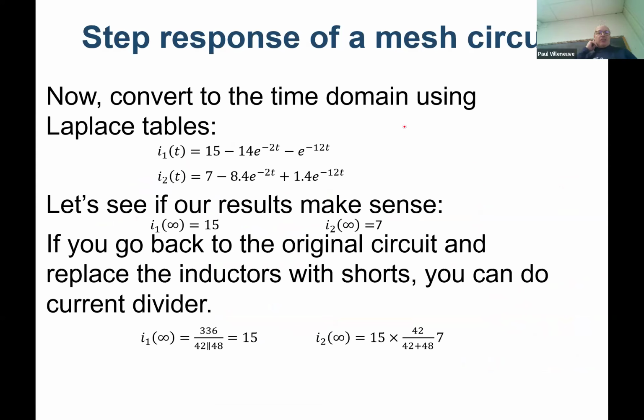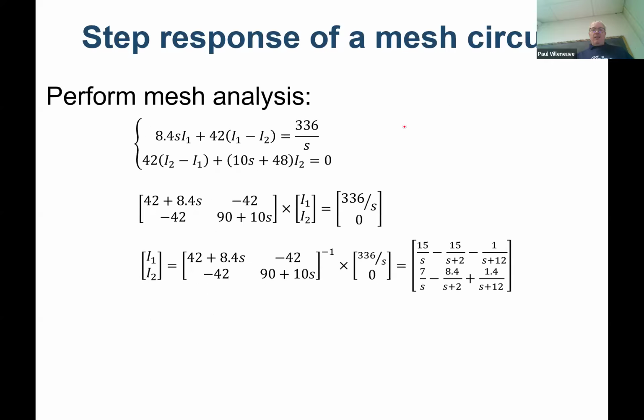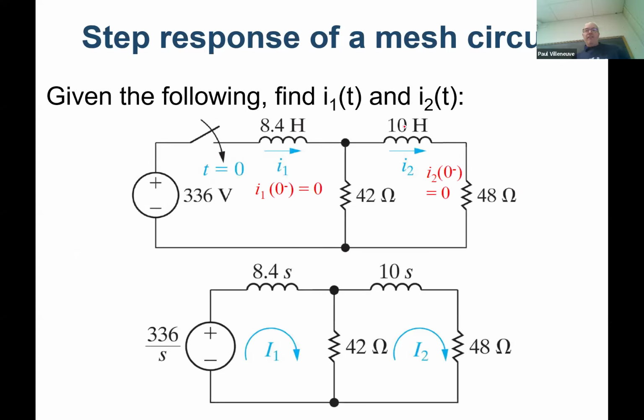So we'll check the results, and we can see that I1 of infinity equals 15, and I2 of infinity is going to equal 7. Let's go back to the circuit. If both of these are replaced with short circuits, what do I end up seeing? I have 336.